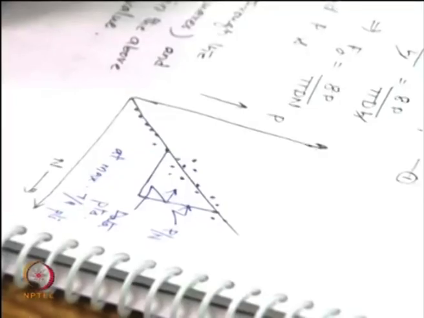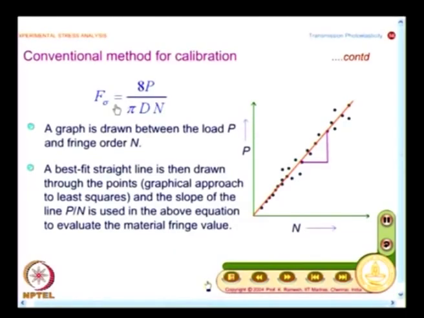Instead, if you are in a position to apply a compensation technique, and Tardy method of compensation is so simple, I just rotate the analyzer, I get n accurately. Our focus is to get f sigma accurately. For us to get f sigma accurately, you must measure n accurately and then draw the graph, and then from the graph find out p by n and then use this expression.